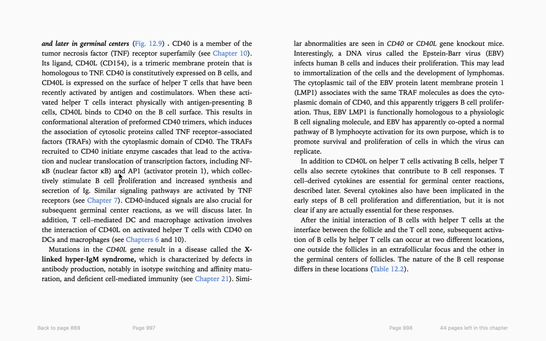Thus, Epstein-Barr virus LMP1 is functionally homologous to the physiological B cell CD40 signaling molecule. The Epstein-Barr virus has apparently co-opted a normal pathway of B lymphocyte activation for its own purpose, which is to promote survival and proliferation of cells in which the virus can replicate.